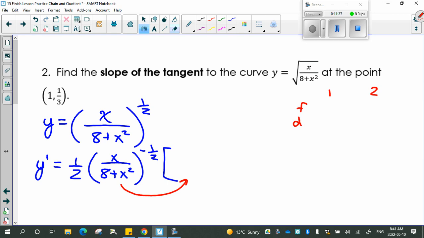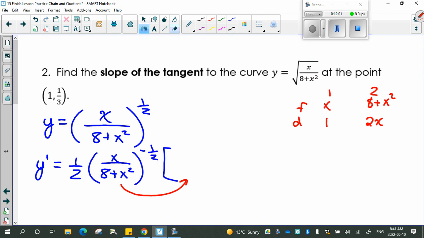So to get the inner derivative, when I'm using the chain rule, my first is x, and my second is 8 plus x squared. The derivative of the first is 1. Derivative of the second is 2x.